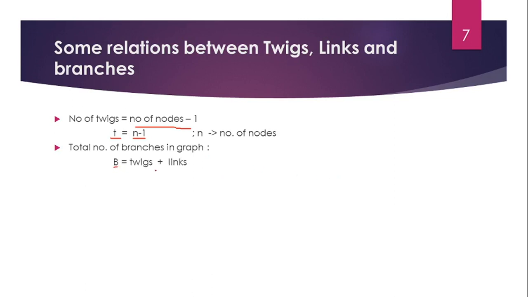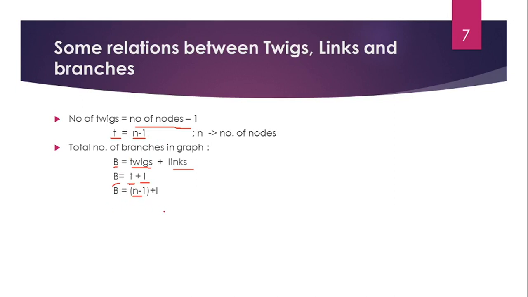So B equals T plus L, and here we can replace the number of twigs by n minus 1.